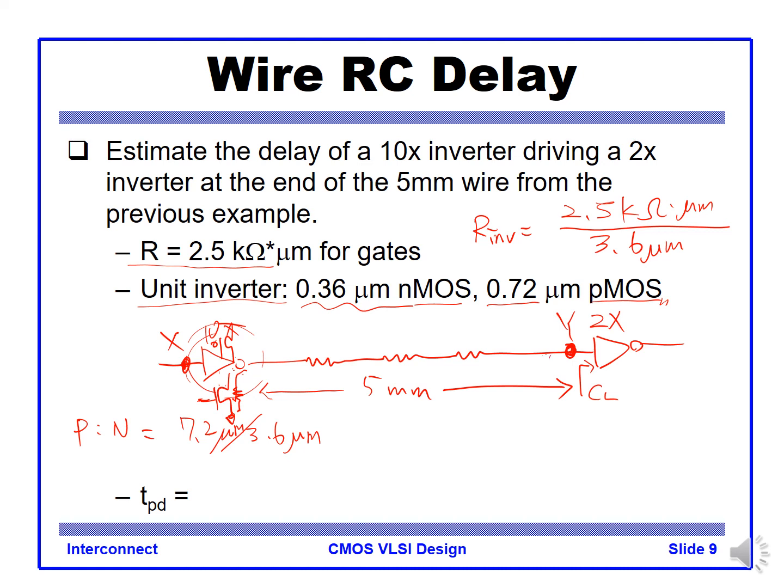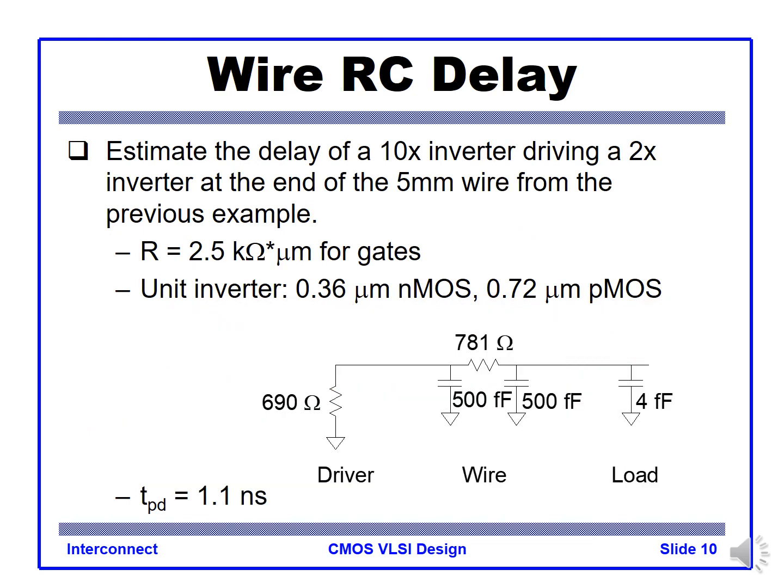And the wire resistance information should be there as well, and the capacitance, and also the input capacitance. For example, here the input capacitance is 4 femtofarad for the 2x inverter.